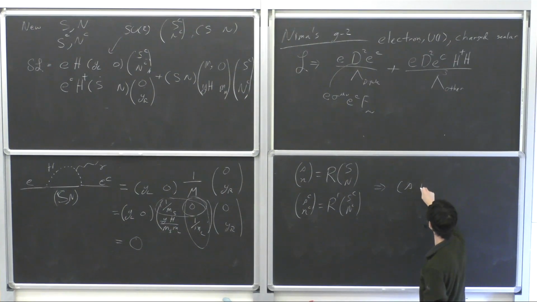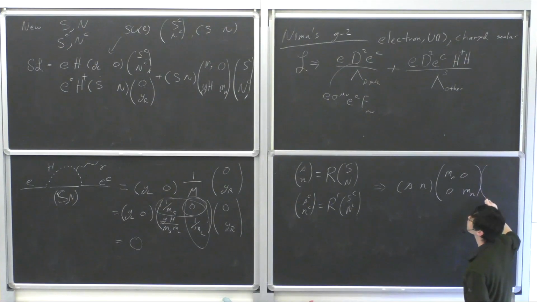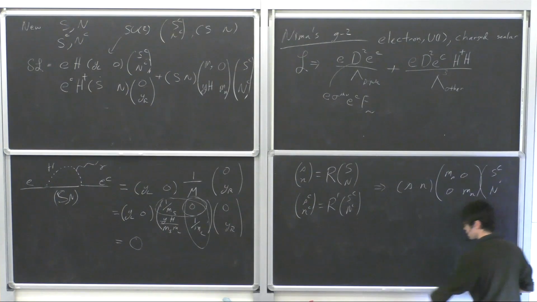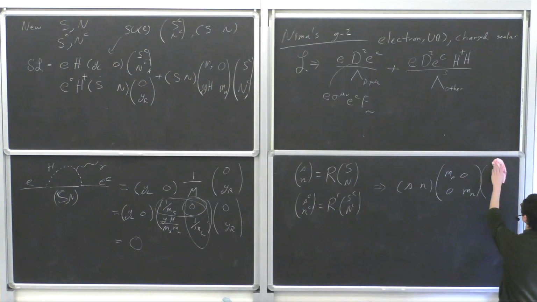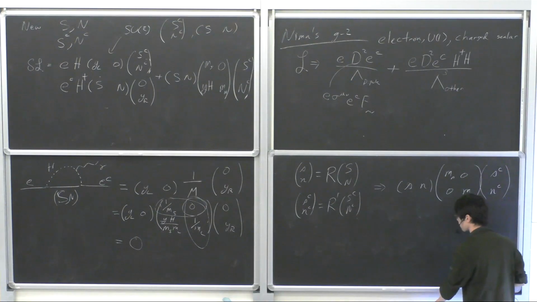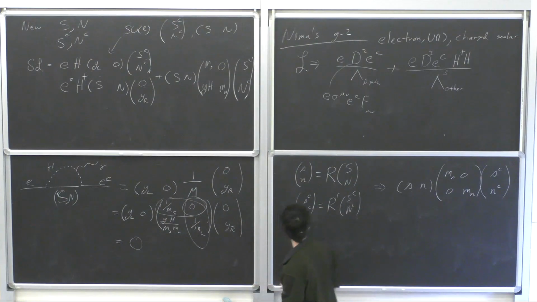S, n, m little s, m little n, 0, 0. S conjugate, nope, it's the little dudes. The rotation matrix scrambles up these Yukawa couplings.